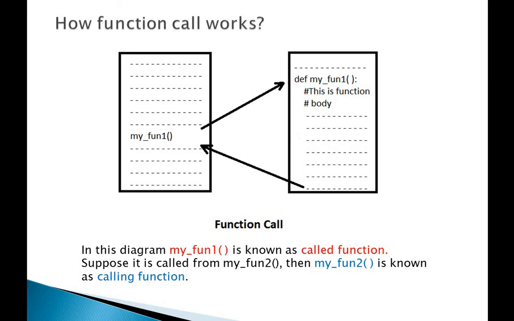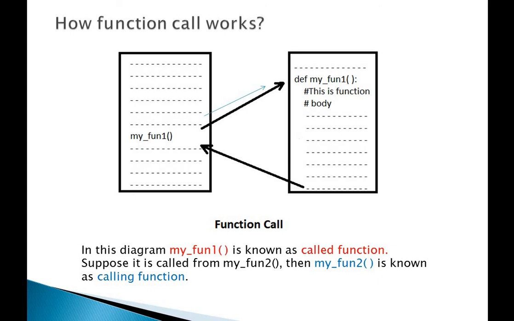We assume the other lines are not of our interest. The line we are interested in is my_fun1 opening bracket closing bracket. This is called a function call. Whenever control reaches this function call, the control transfers to its definition. It is shown using this blue arrow.